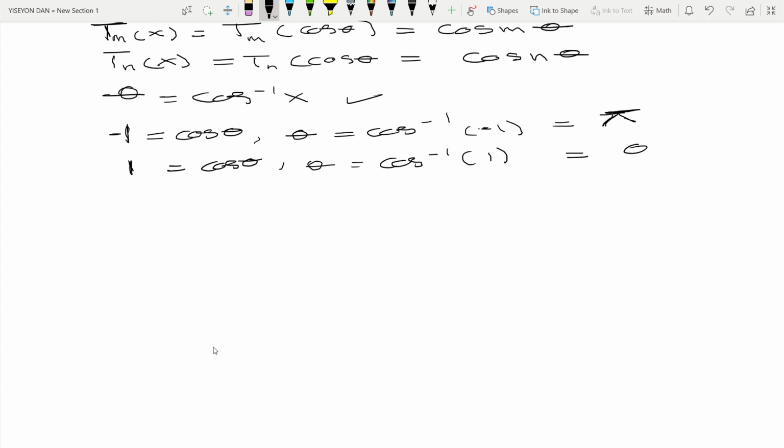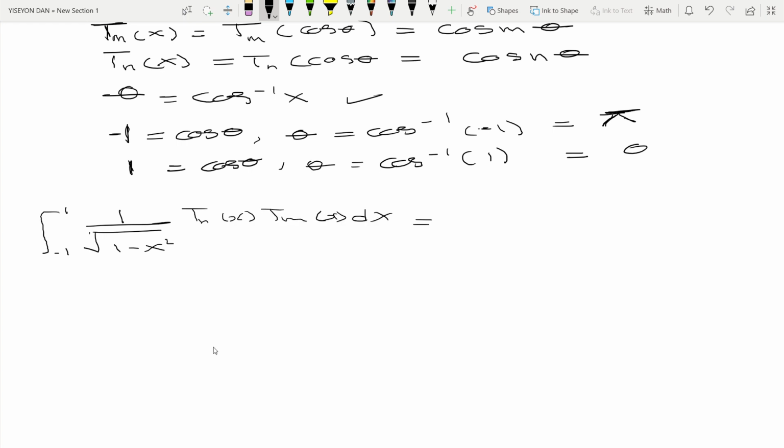So we can now rewrite our integral by substituting its boundaries. Our integral becomes the integral of -1 to 1 of Tm(x) Tn(x) over square root of 1 minus x squared dx.